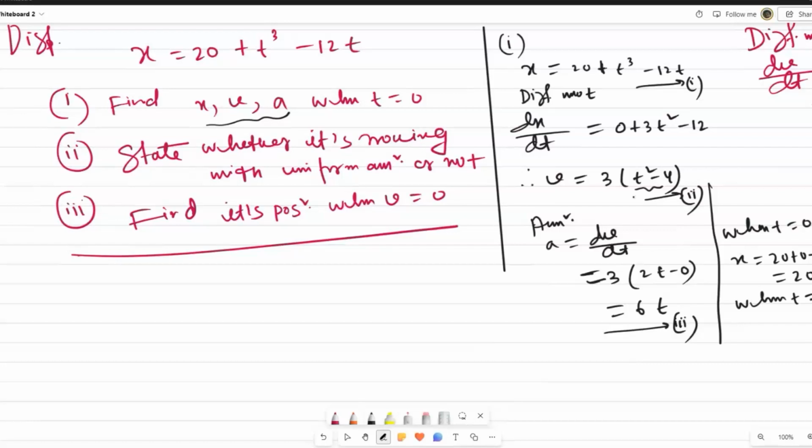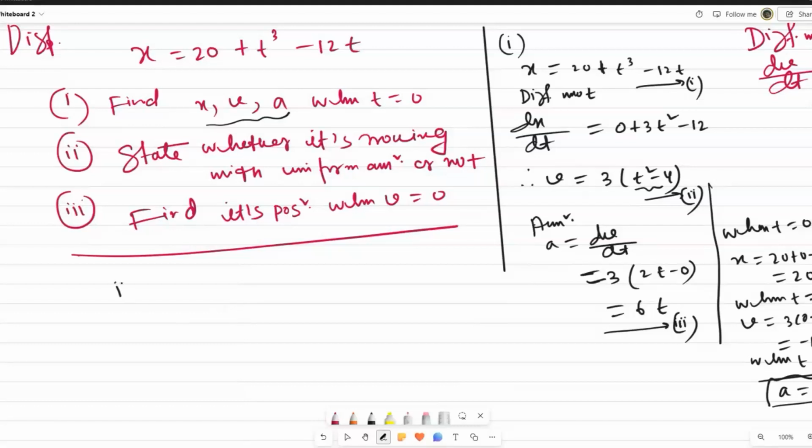When t equal to 0, velocity is what? 3 into 0 minus 12, that is minus 12. Minus 12 means what? Velocity is negative. Particle going towards right, it is going towards left. So velocity is negative. And when t equal to 0, acceleration is equal to 0. Clear? Yes. By differentiation, we get all these things.